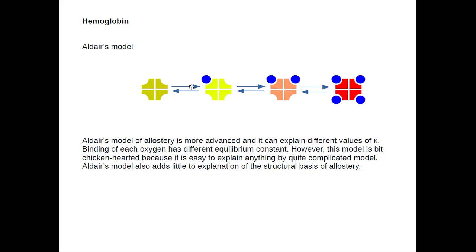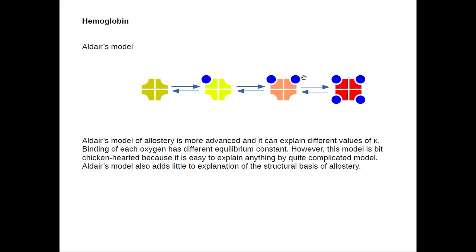So at low concentration there is low affinity, and so this dissociation constant would be quite high, and with the binding of more and more oxygen this affinity increases, so the binding becomes stronger and stronger.